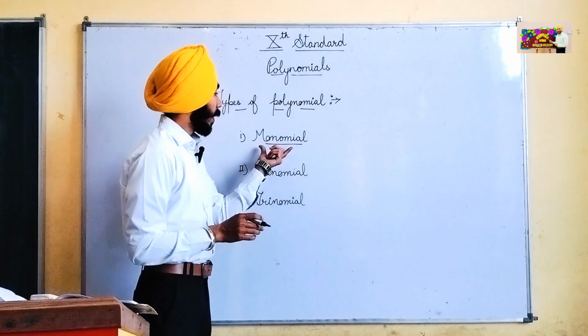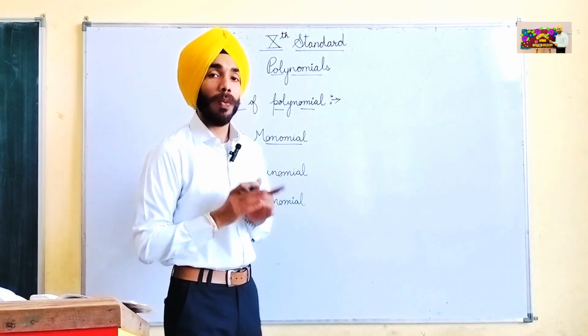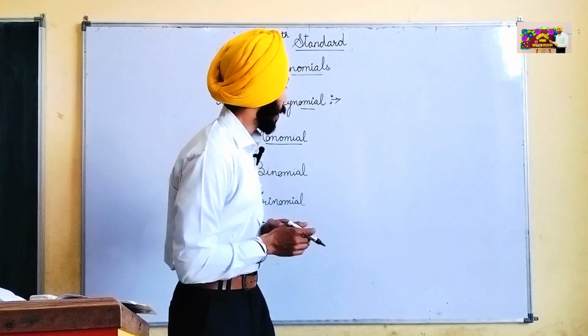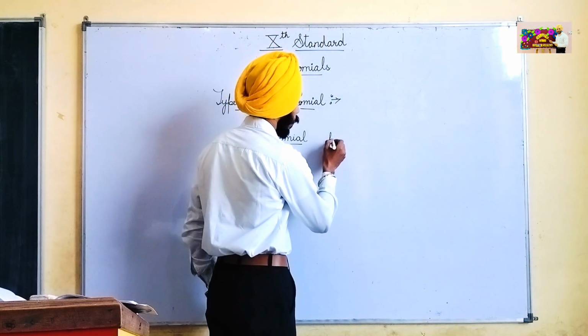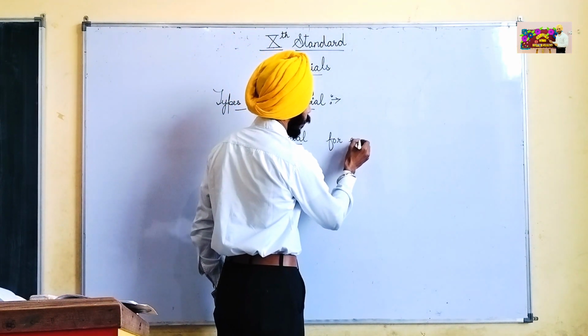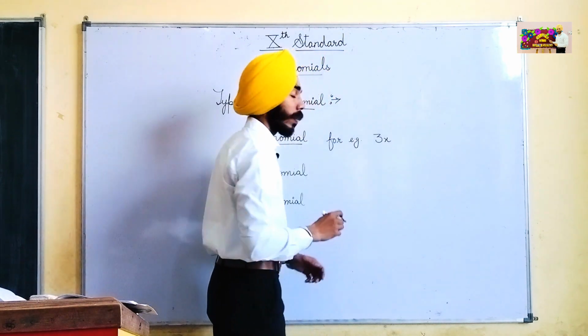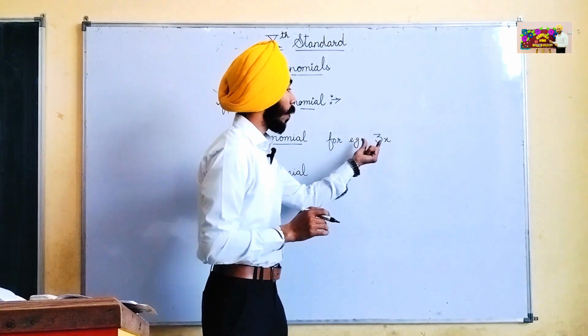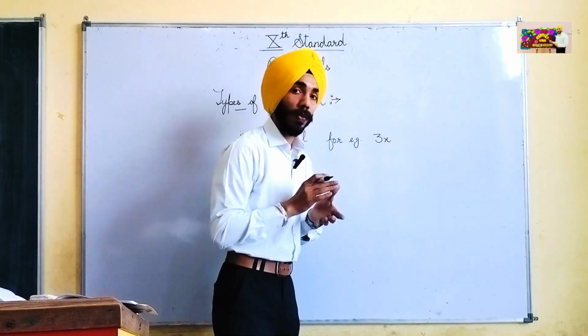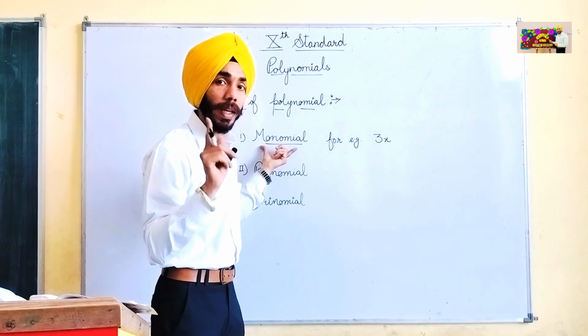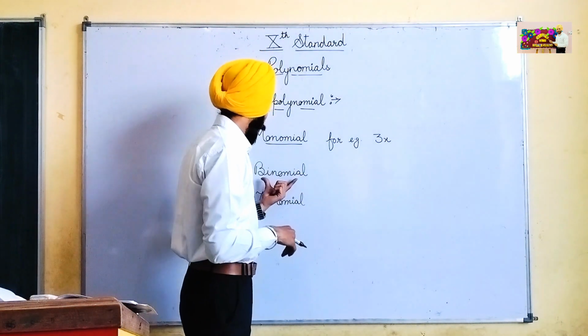Monomial. In monomial, we have only one term. For example, this is one term. That's why this is monomial, containing only one term.